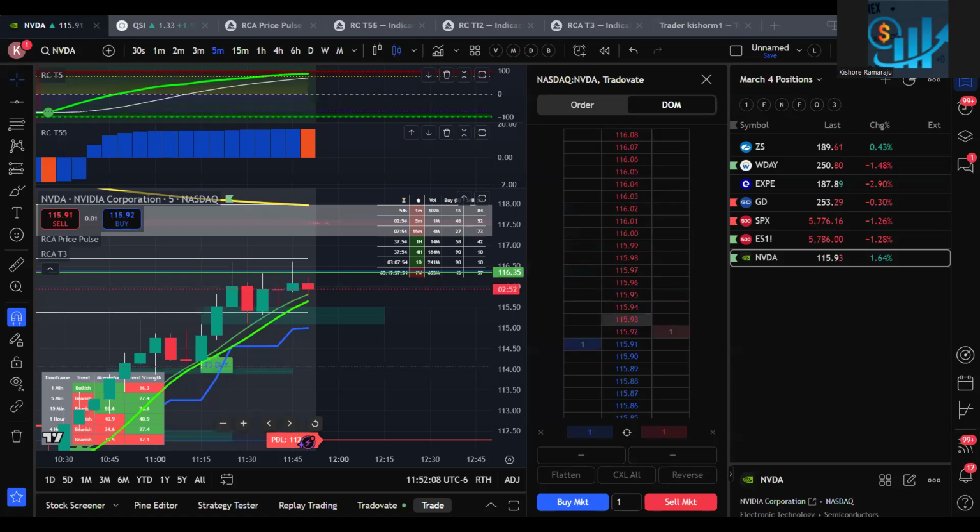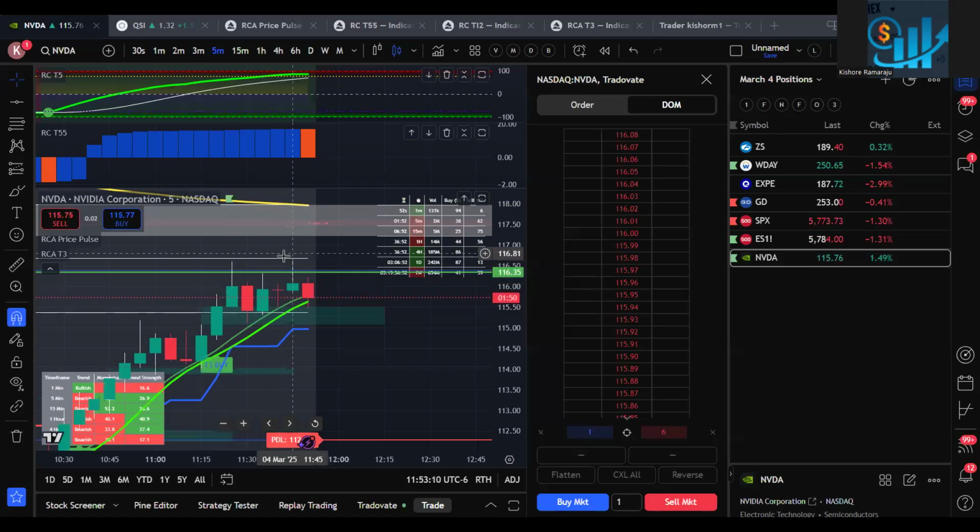Yeah, big gains on Nvidia, because Nvidia also may do a pullback and again go up.